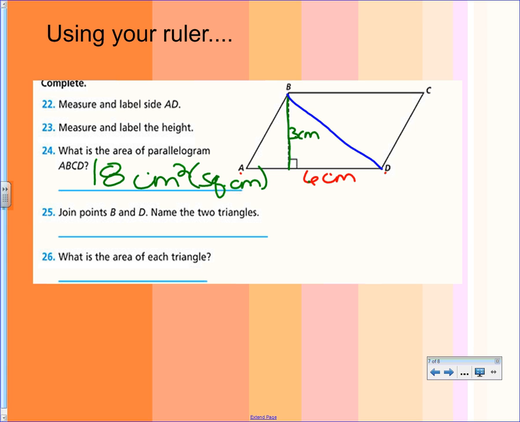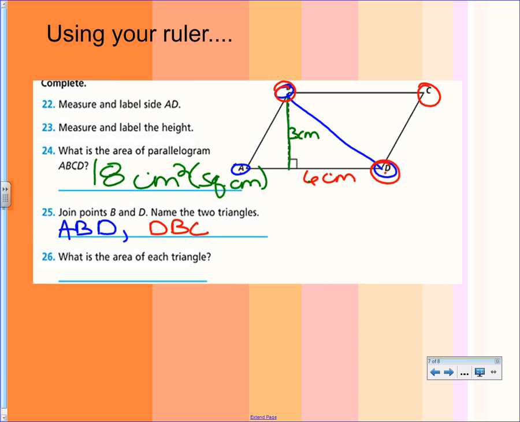So my first triangle will be triangle A, B, D. Here's my first triangle. So A, B, D is my first triangle. And then my second triangle will be D, B, C. So I've got these 2 triangles.